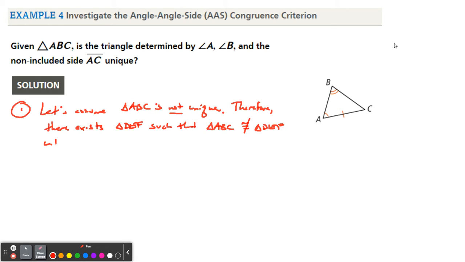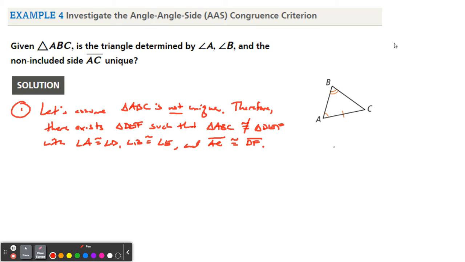But, with angle A congruent to angle D, angle B congruent to angle E, and segment AC congruent to segment DF. Right, so those three congruent pieces have to remain congruent, but yet there would be another triangle.